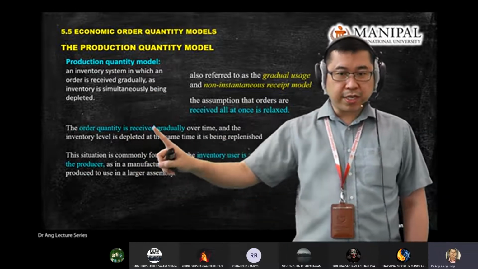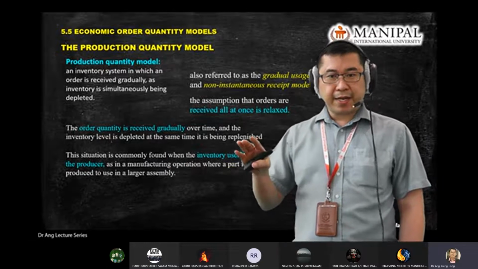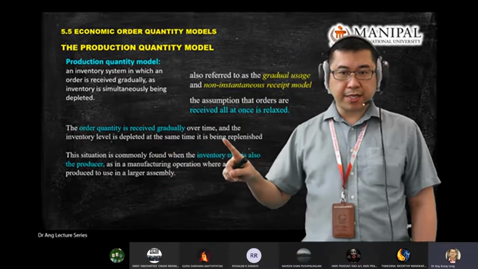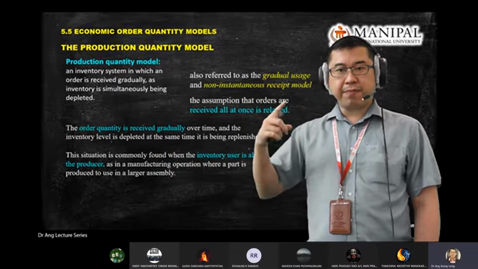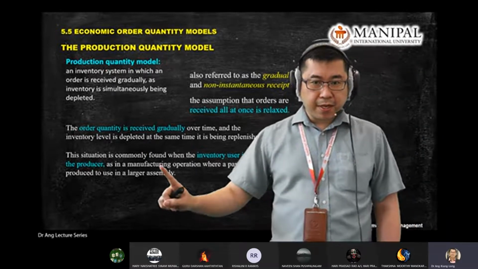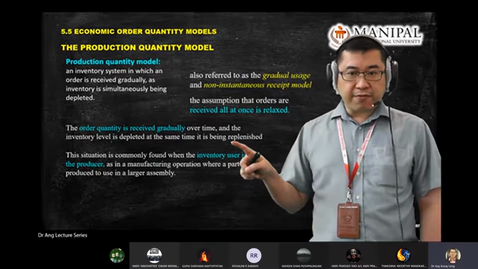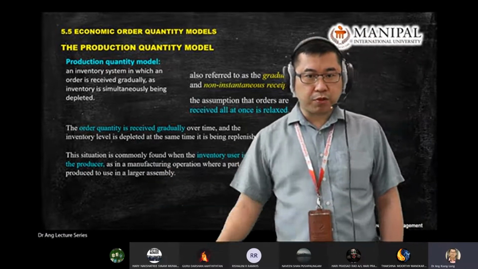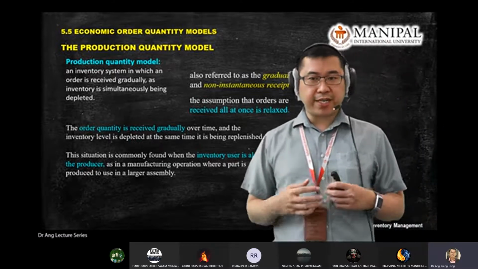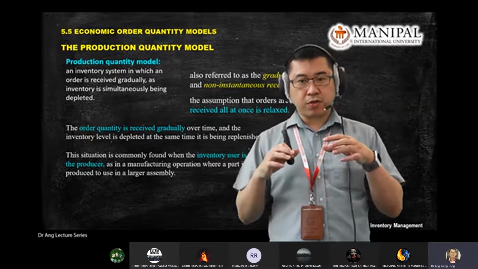This one just explains the definition of production quantity model. The order quantity you receive gradually over time, and the inventory level is depleted at the same time it is replenished. So you keep on updating your inventory. The application of this one is when your inventory user is also the producer, meaning you are the manufacturer yourself, rather than buying something and then doing assembly at your shop.